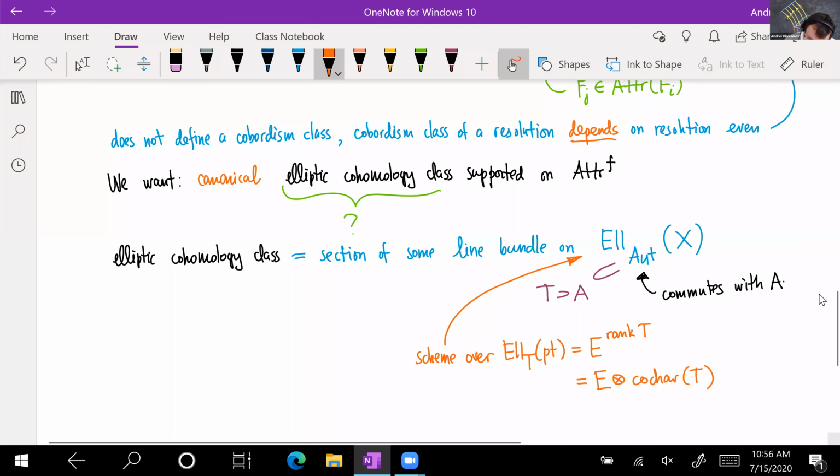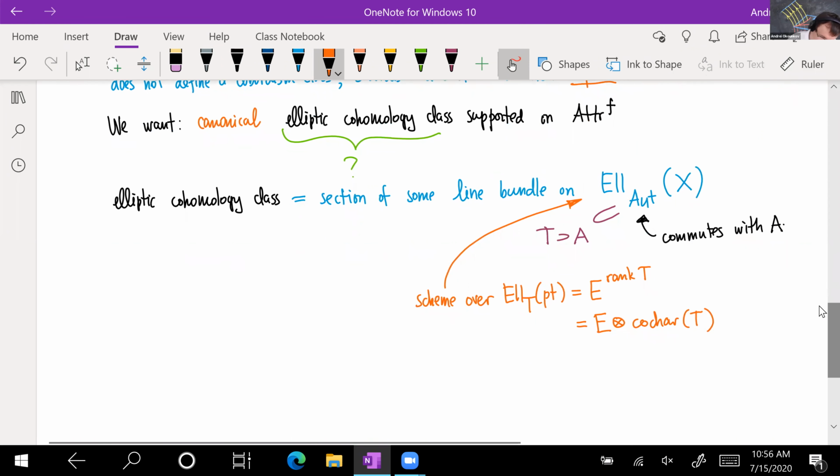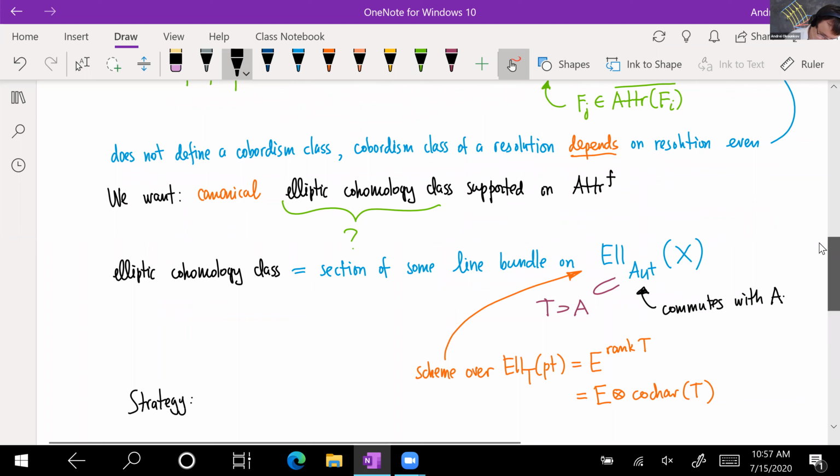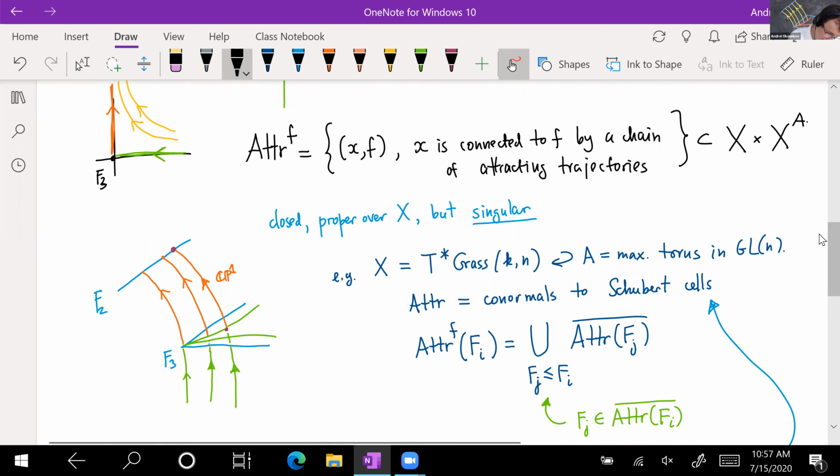And so what kind of line bundles? What sort of scheme is it, and what would be the strategy? Let's go back here and copy this picture one more time.